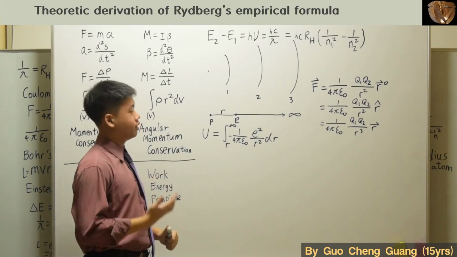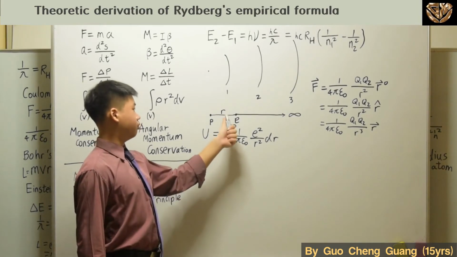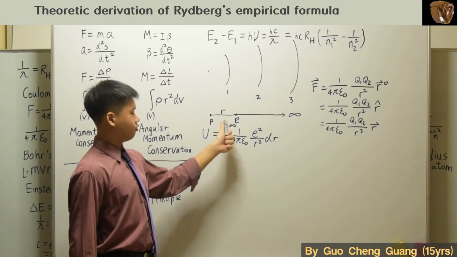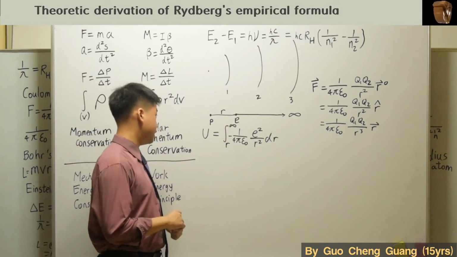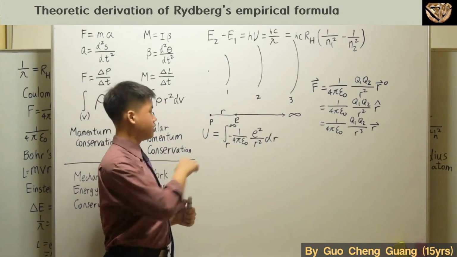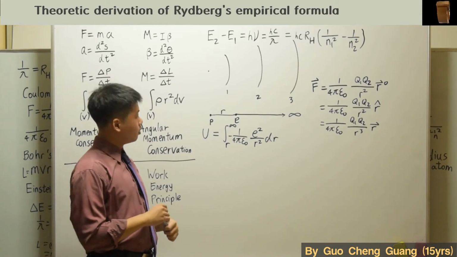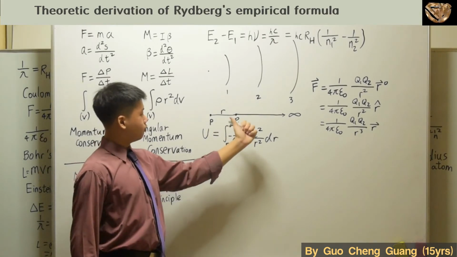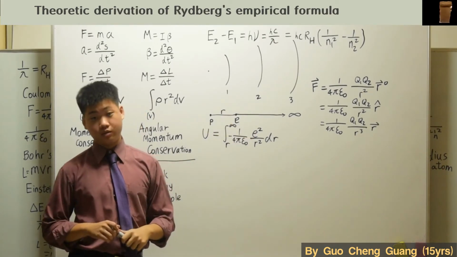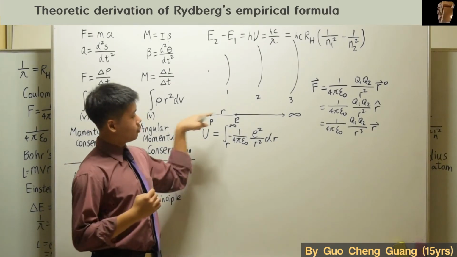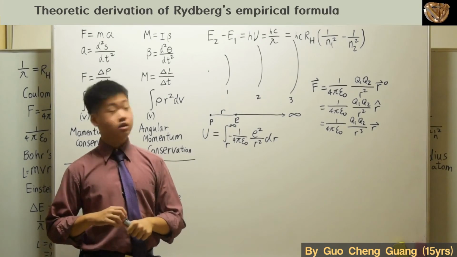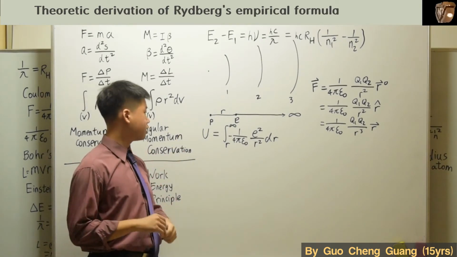So if you think about it once again, from the position at r to the position at infinity. And since this is a negative sign, it's actually pointing the other way. If it is positive, it would be in the same direction as your r, alright?